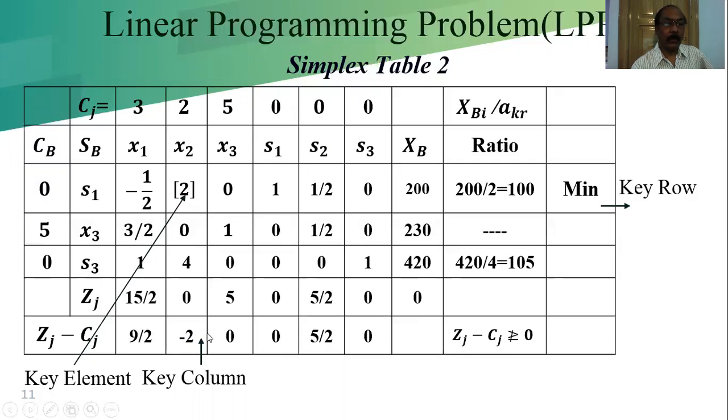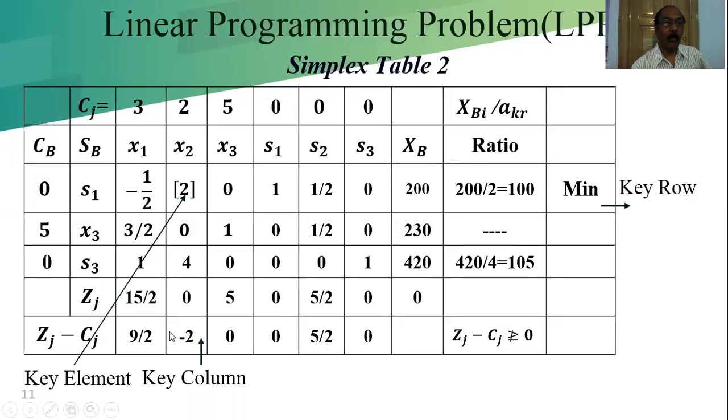Now we got all the ZJ minus CJ. From that, if we check, all ZJ minus CJ is not greater than or equal to 0. So this is not the optimum table. From this table, we cannot get the optimum solution. So to get the optimum solution, we have to find the most negative.